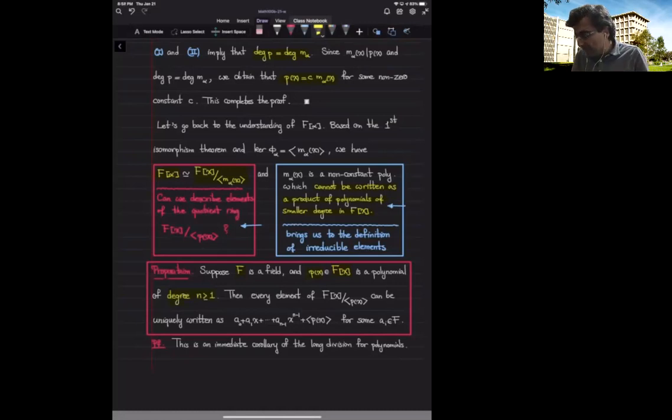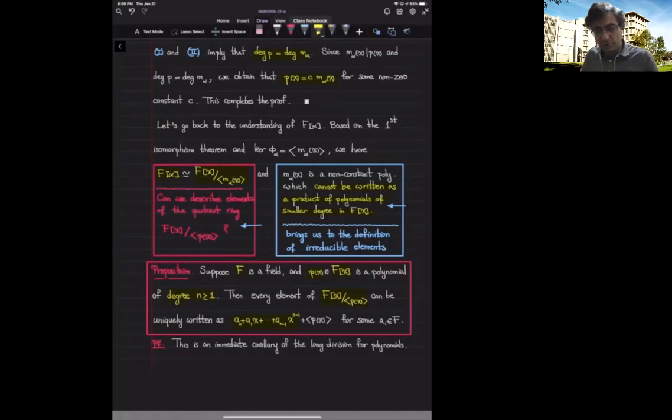Then every element of the quotient ring has a unique representation given by a polynomial whose degree is strictly less than n, strictly less than the degree of p. So this representation is unique, and everything can be represented of this form.